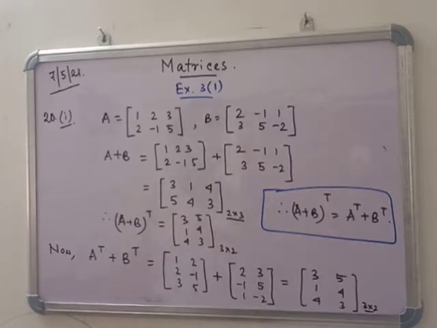After addition, we get 3, 1, 4, 5, 4, 3, which is same as A plus B transpose. So A plus B transpose equals A transpose plus B transpose. Note it down, all of you.